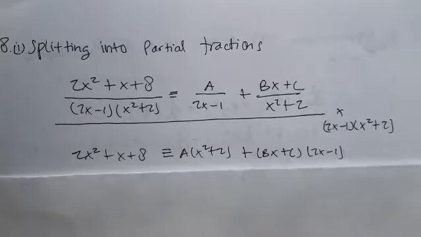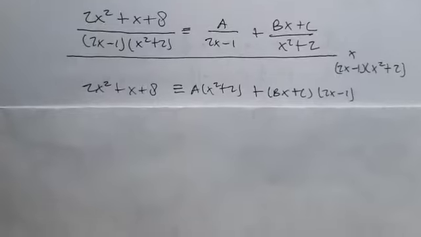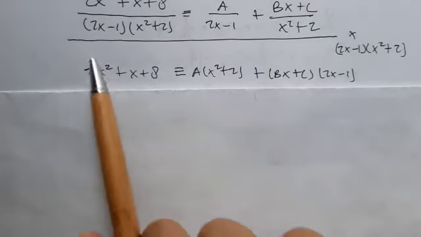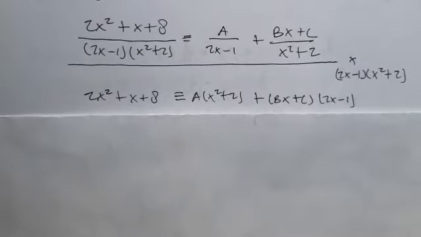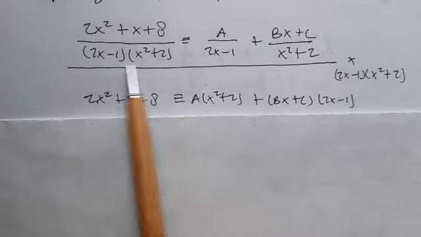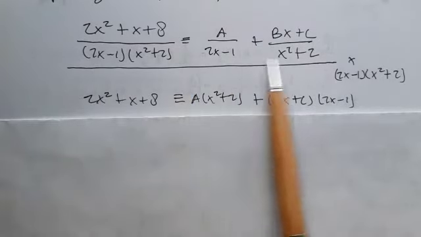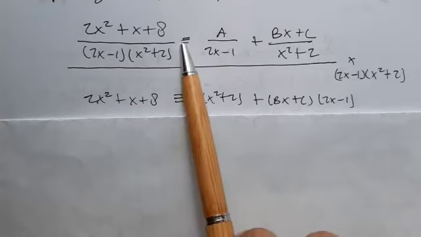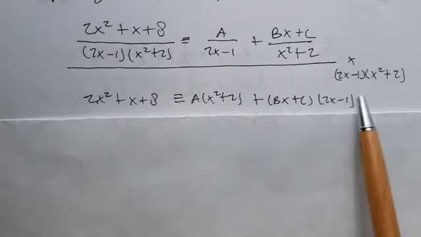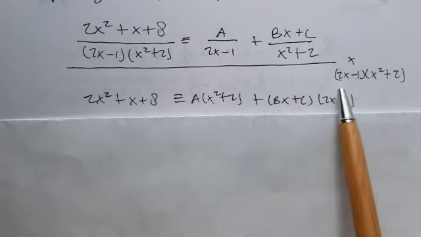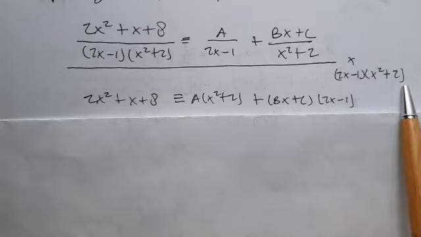Now next step, all the terms on the left-hand side and right-hand side are multiplied by this denominator, multiplied by 2x minus 1 times x squared plus 2.